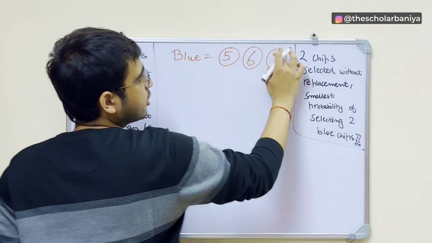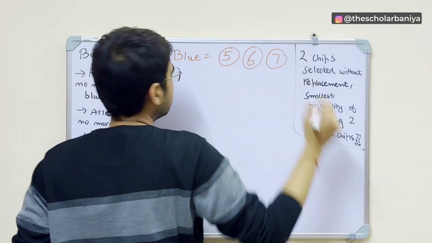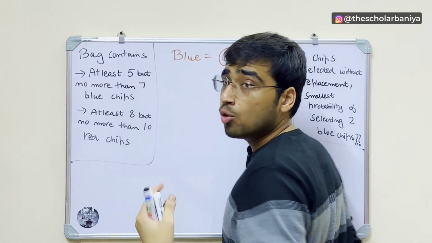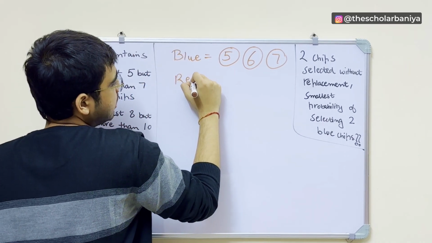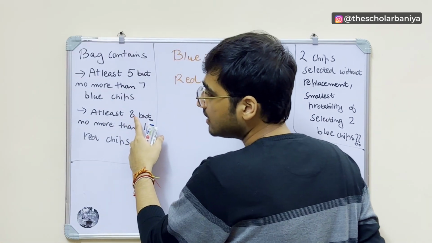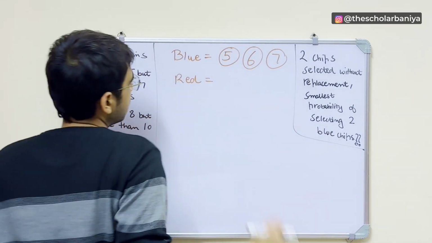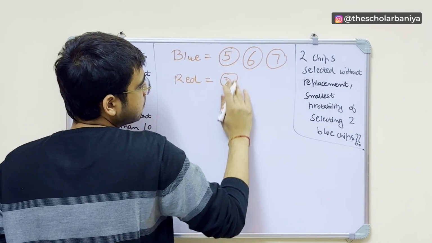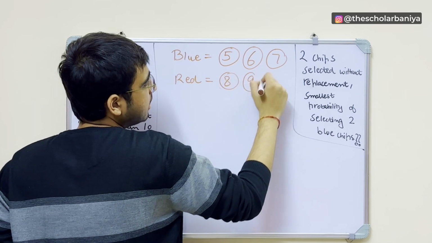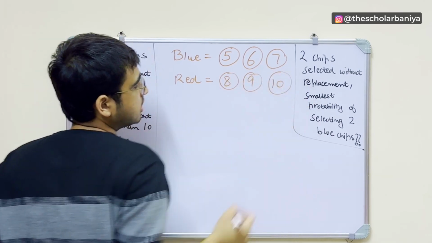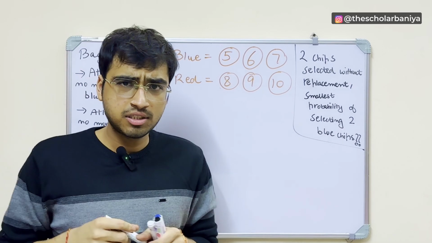These are the cases that are possible, because at least 5, no more than 7. For red, what are the possibilities? At least 8 but no more than 10. So 8 is the possibility, 9 is the possibility, and 10 is the possibility. I hope this is pretty basic.